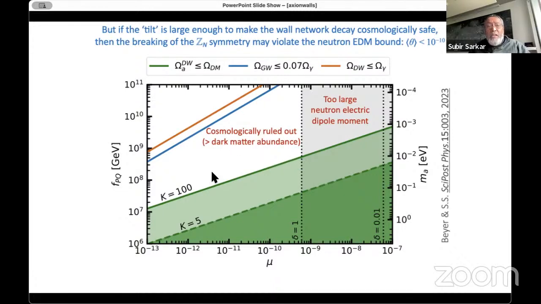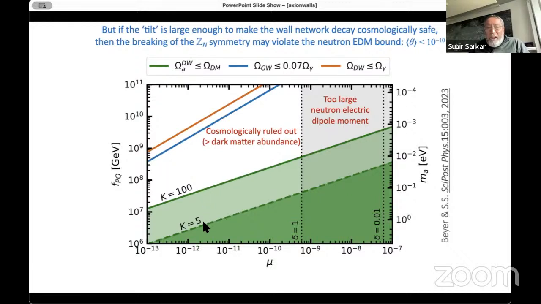But on this side, if mu is too small, then the walls survive far too long, and that would be cosmologically unacceptable. If I take the axions from the wall to be fairly relativistic, with a ratio of energy to mass of around 100, then you get this exclusion line, which is marked here.